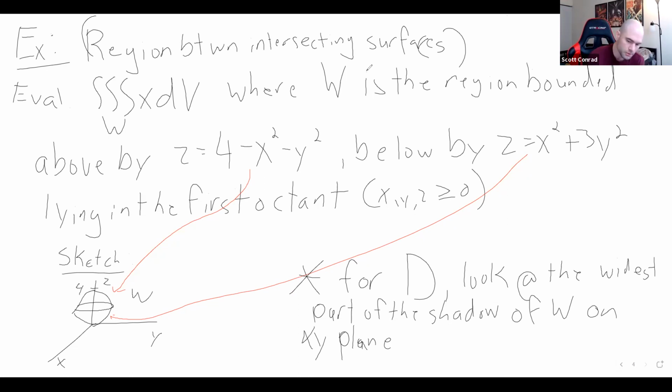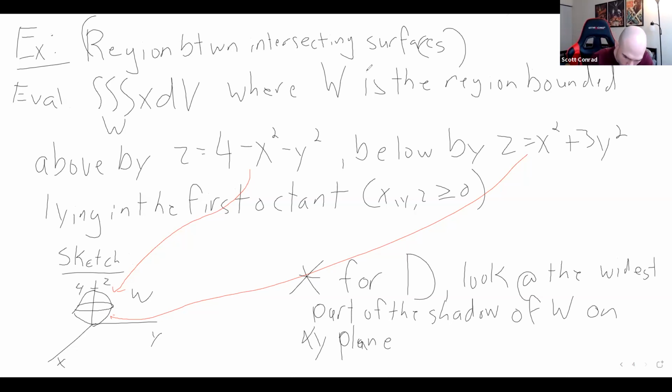So this is our region W, our solid region. What we're going to do is we want to know where X and Y live. So we're going to take W and flatten it down onto the XY plane, or look at the shadow of this guy in the XY plane. So we want to figure out what the outer bound of this shadow is. And so look for the widest part of the shadow on here.